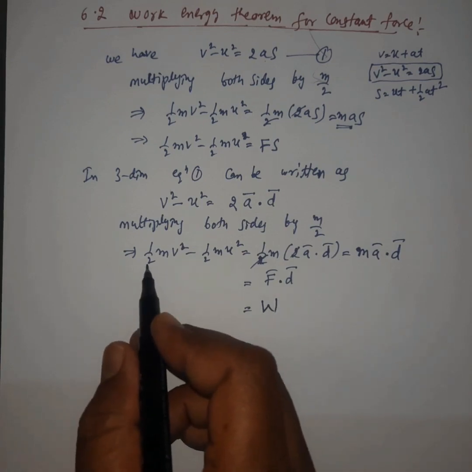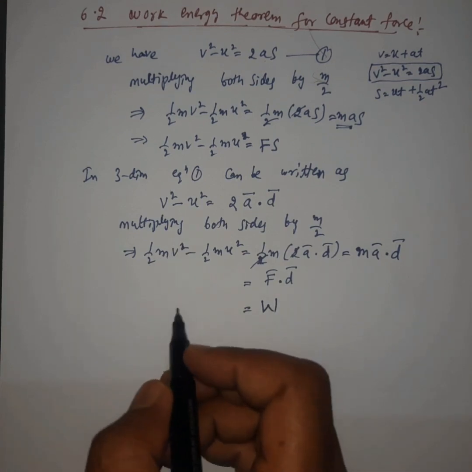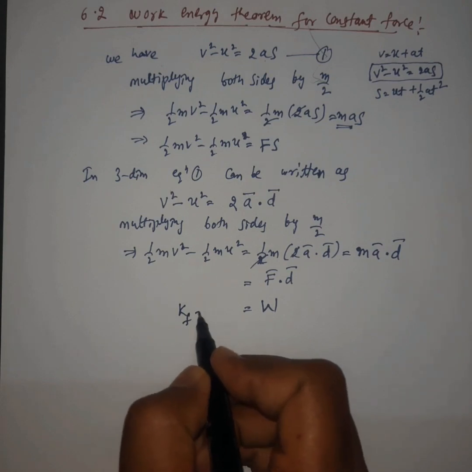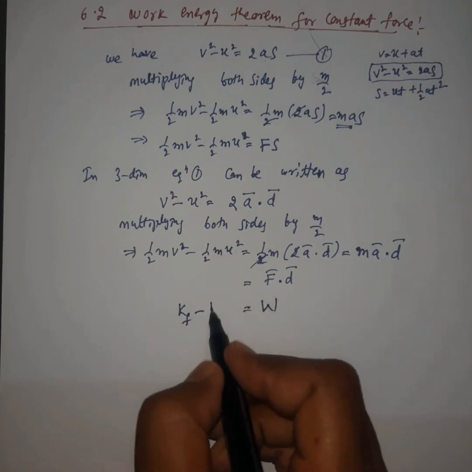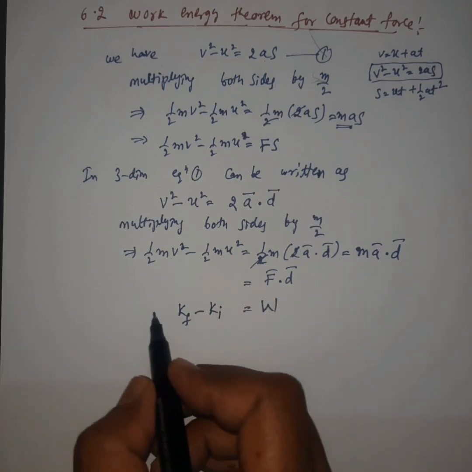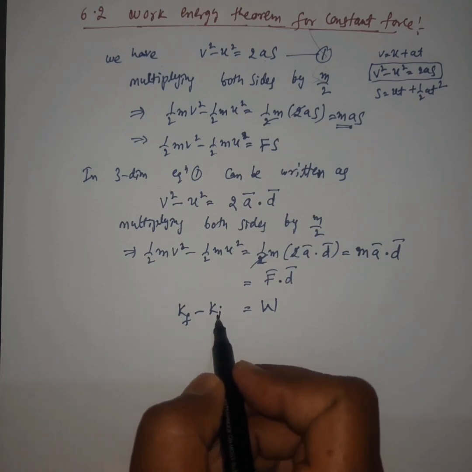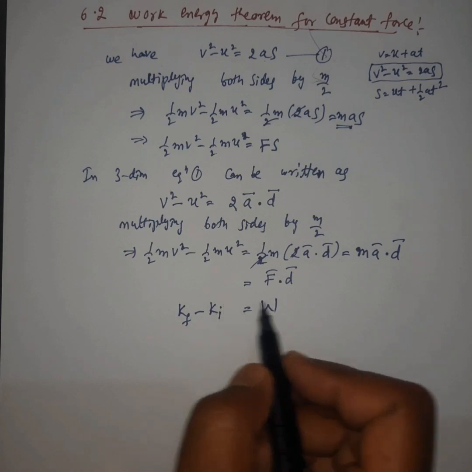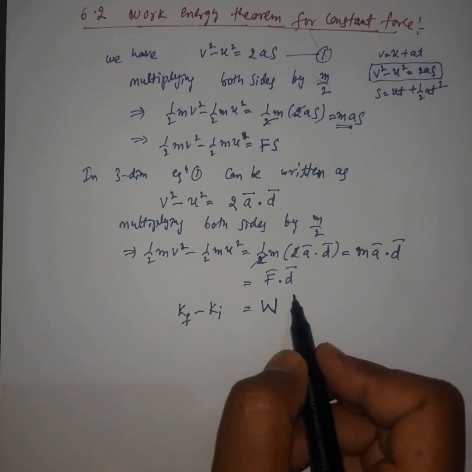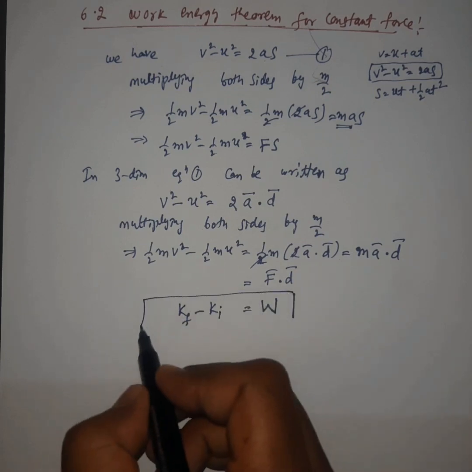Here half mv square is the final kinetic energy, minus half mv square the initial kinetic energy. So final kinetic energy minus initial kinetic energy, the change in kinetic energy, is equal to the work done by the net force.